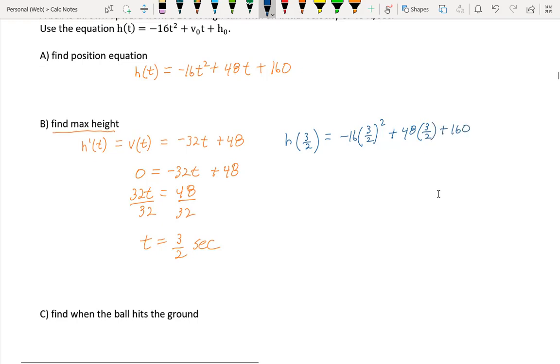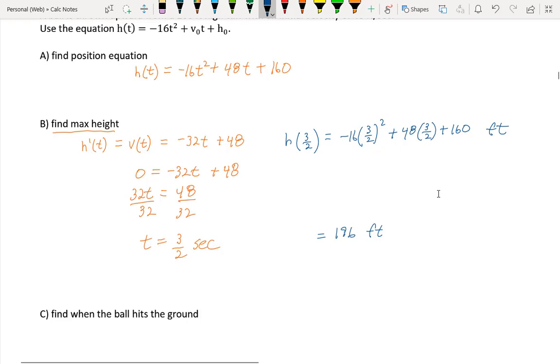Guess what? AP test, feet. Done. Okay? And we could go on and continue to simplify this, and I would encourage you to do that just in case you need to. But this should turn out to be 196 feet.